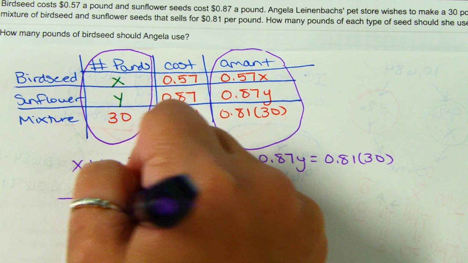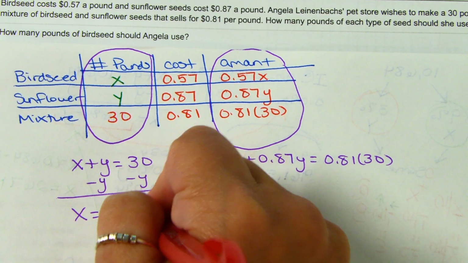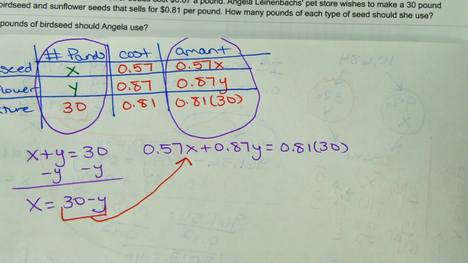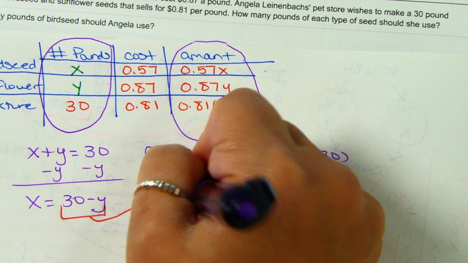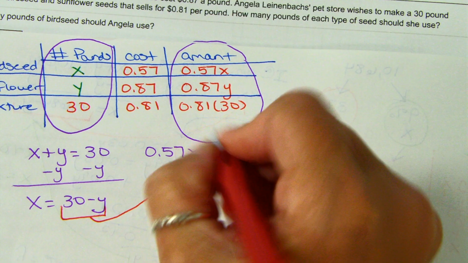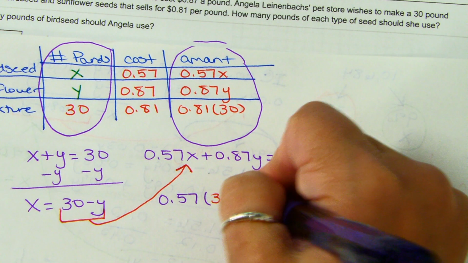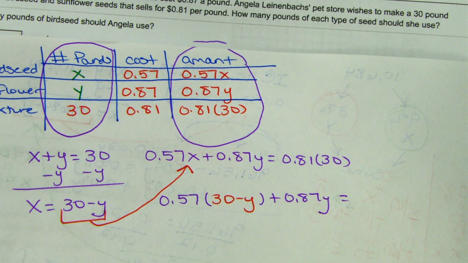Well, x is 30 minus y, plus 0.87y. And then I'm going to go ahead and do the 0.81 times 30. And that'll give me a 24.3. Over here, I can't do anything inside of my parentheses, so I'm going to take 0.57 times 30.